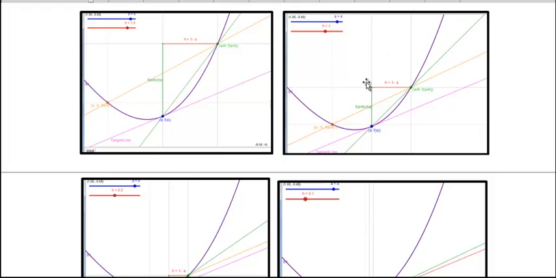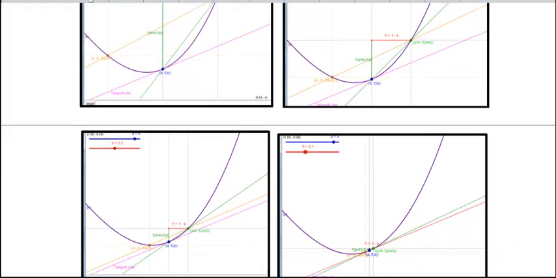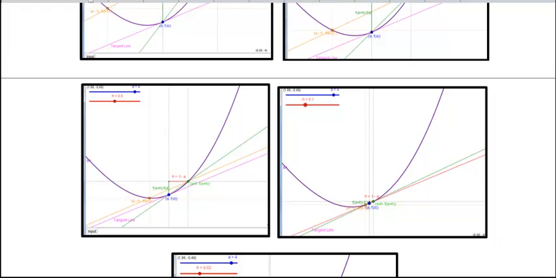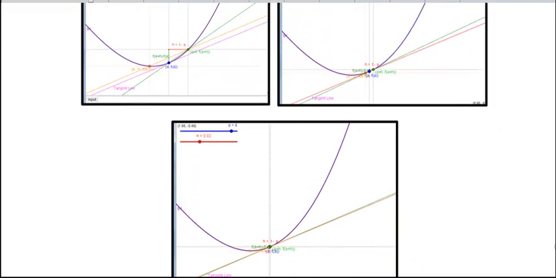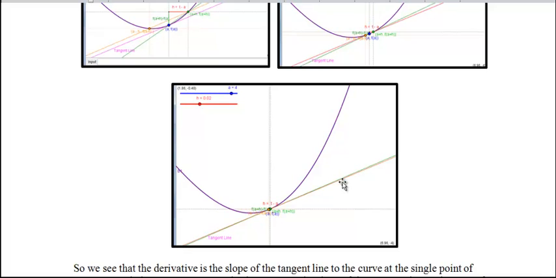But then as we let h get smaller, this green point comes in closer, so does the orange point, the blue point's fixed, and these two lines are getting closer to that pink line. And as we come in closer and closer still, as h gets smaller and smaller, the secant lines, both the green one from the difference quotient and the orange one from the symmetric difference quotient, are getting closer to that tangent line.